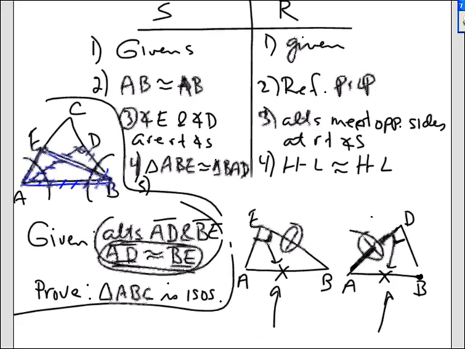Now I'm going to say that angle EAC, this big angle here, is congruent to angle ABD, this big angle there. And the reason is that this angle A is made up of the side with the X on it and a side with no slashes.